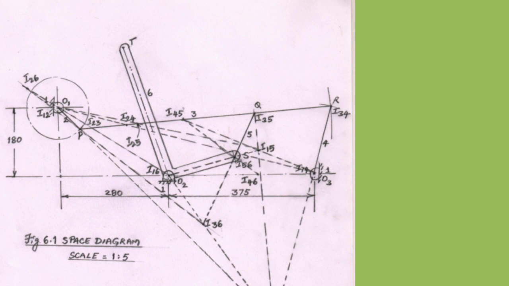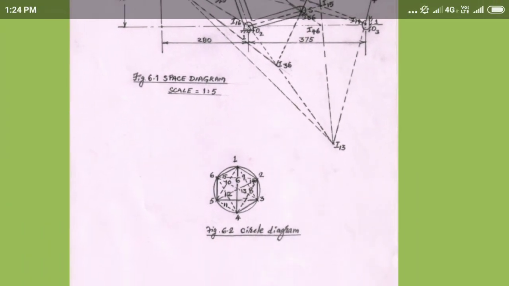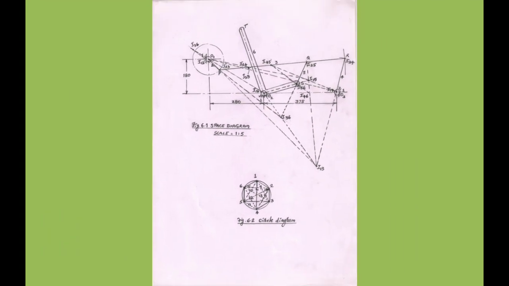So this dotted line from I12 to I14 and PR, they both cross at I24. Can you see that I24 point? On the right side is I25, slightly on the left is I24. So this is the way to get instantaneous centers. So once you get instantaneous centers one after the other, calculation is very easy because you have started with O1P. What is O1P?